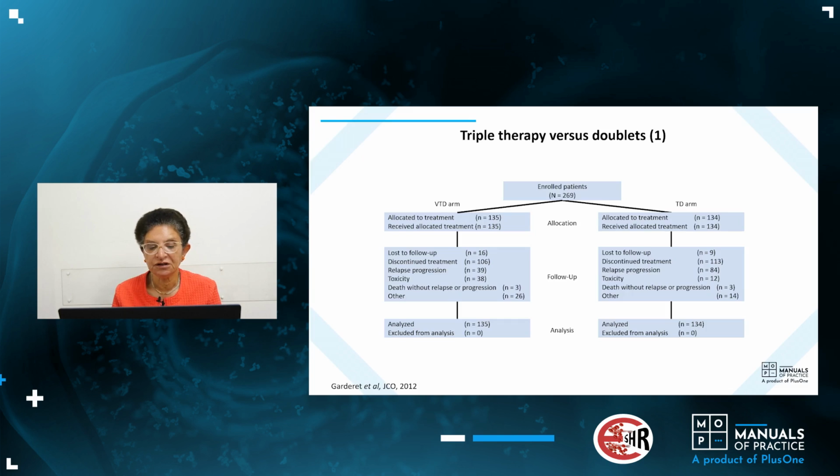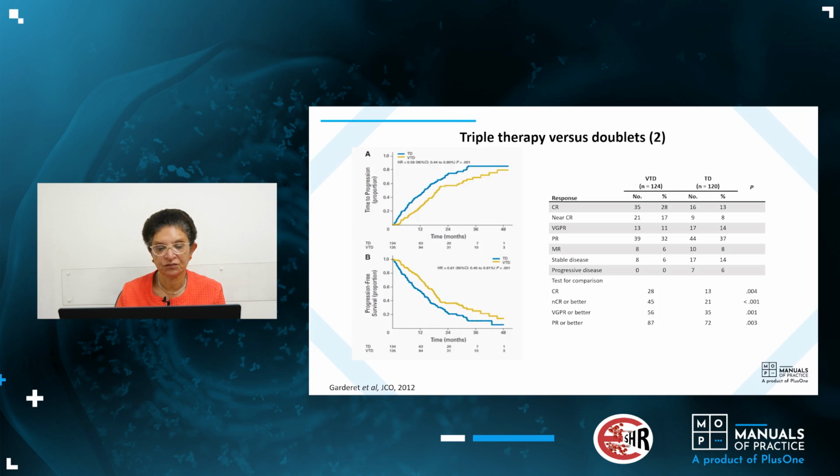And so, in 2012, they compared triple therapy versus doublets, and they enrolled patients either in a thalidomide dexa arm versus a Velcade thalidomide dexa arm, and they analyzed the responses. And let us look. The triple therapy patients fared better with a better progression-free survival in the yellow with the VTD versus the TD alone.